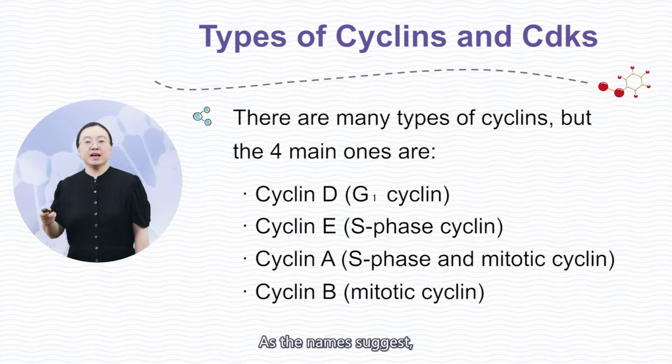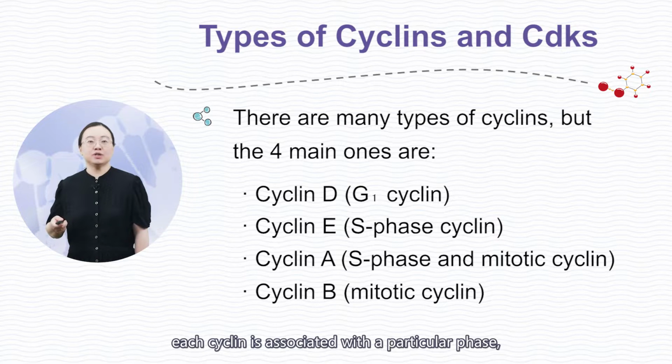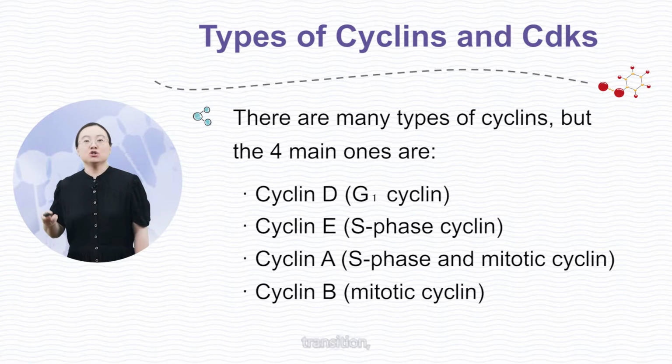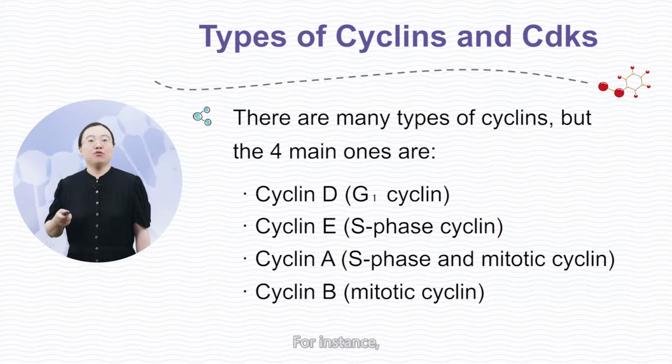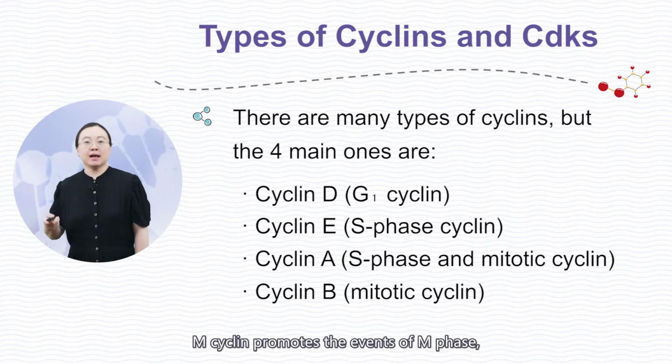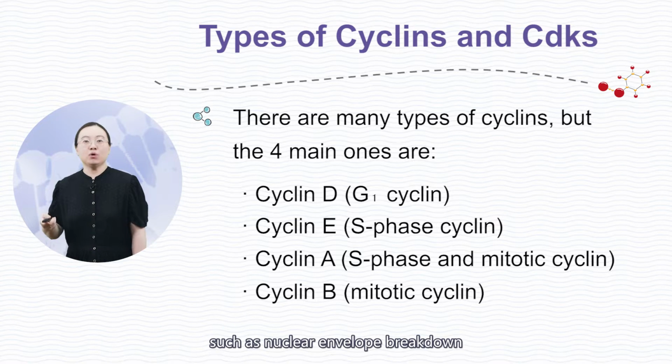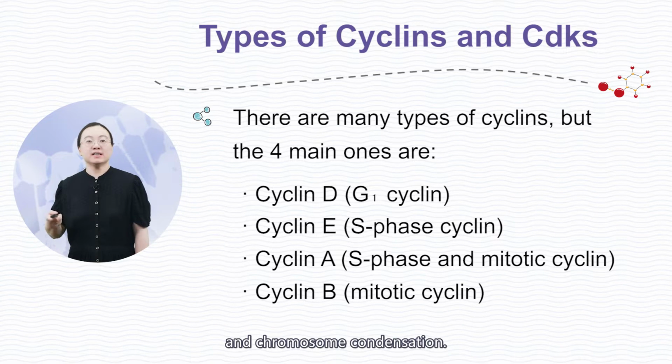As the names suggest, each cyclin is associated with a particular phase, transition, or set of phases in the cell cycle and helps drive the events of that phase or period. For instance, M cyclin promotes the events of M phase, such as nuclear envelope breakdown and chromosome condensation.